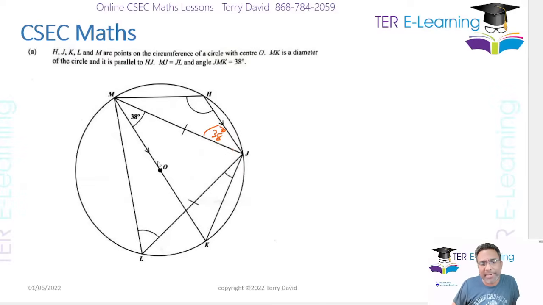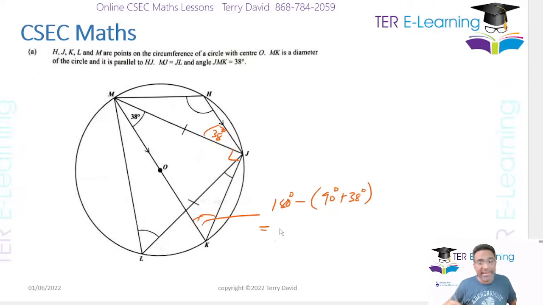All right, so watch what's happening here. You know that this angle here is 90 degrees, so you can work out this angle here. This angle is going to be 180 minus 90 plus 38, right? And you're going to get 52 degrees.